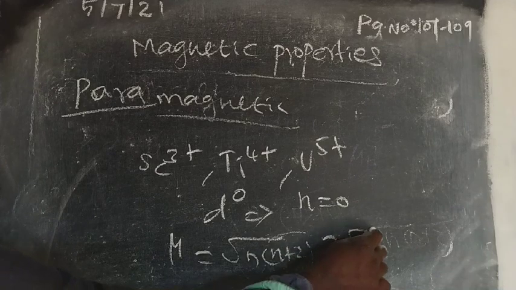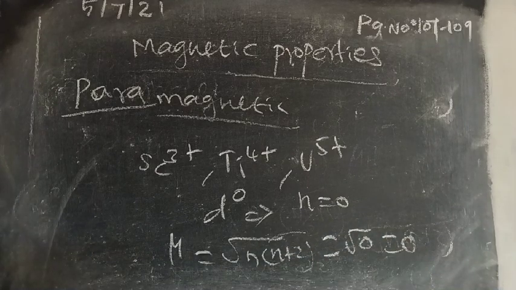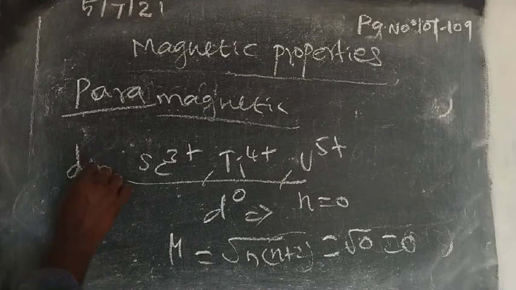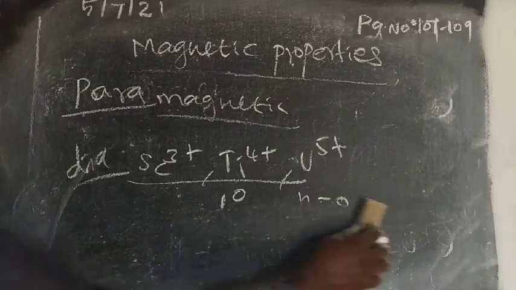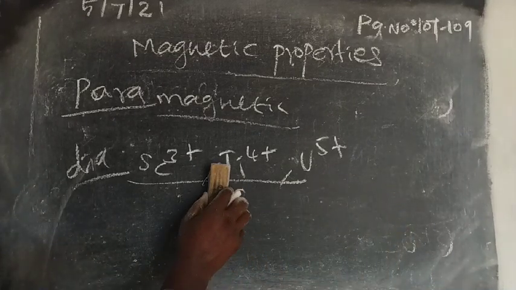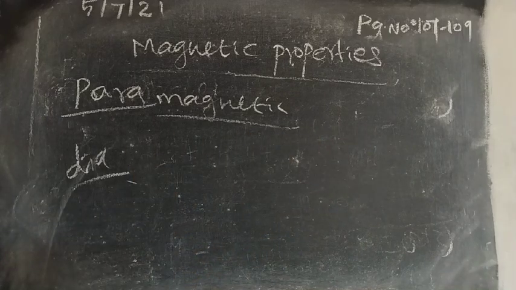N is 0, so root 0 is 0. Then we can say all these ions do not have any magnetic moment, so they have diamagnetic character. The same for titanium 4+, diamagnetic.